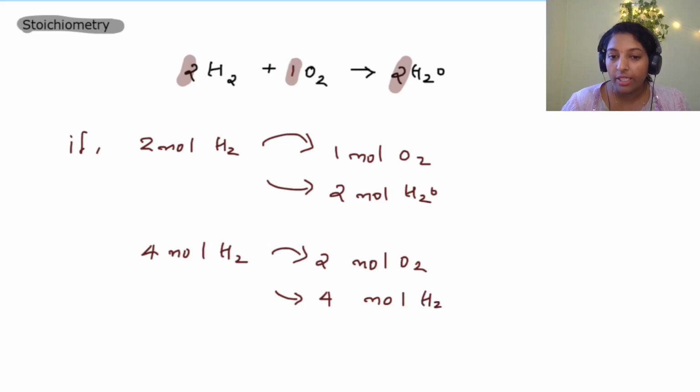That idea is what you can get from the stoichiometry. Otherwise, they are not talking about the actual numbers. The meaning is not that actually 2 moles of hydrogen is there and 1 mole of oxygen is there. That's not the concept. They are just numbers, like ratios.